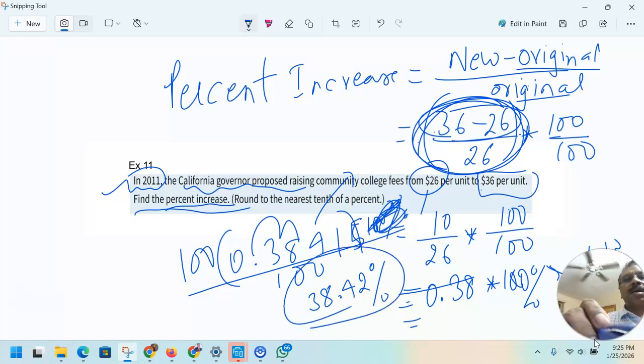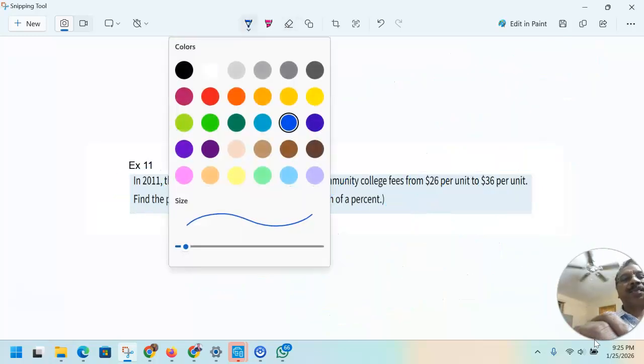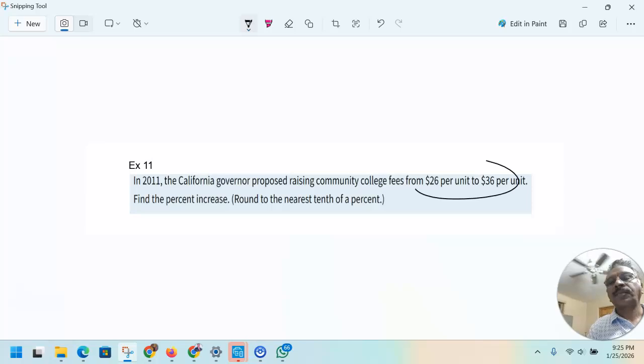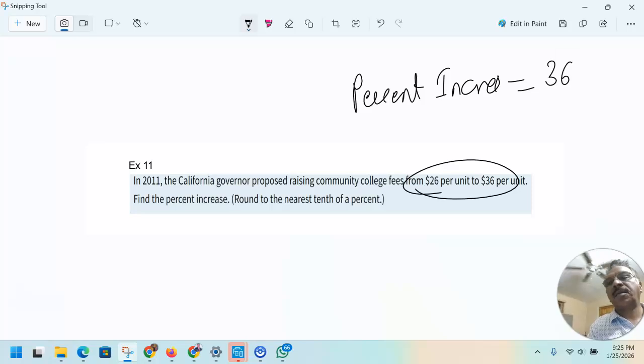Okay, so let's see if there is a shortcut. The shortcut would be percent increase, which is the new one minus the old one, 26, divided by the old one, and then you just multiply by 100.